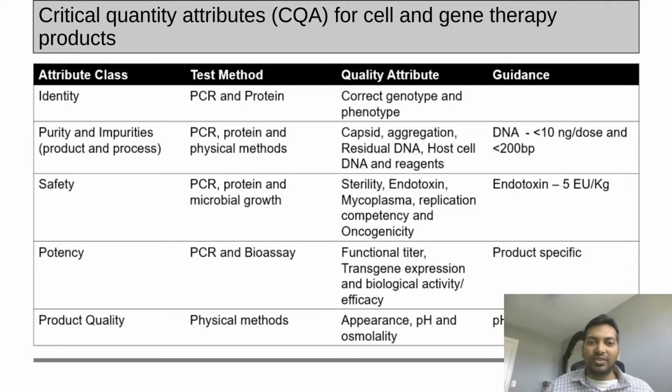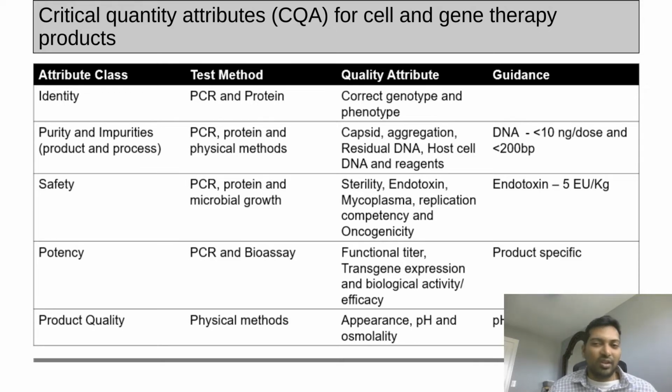If I consider identity, if I take a gene therapy product and I'm using a genomic method or a proteomic method, I should be able to give a specific quality attribute. If I'm using an adeno-associated virus, I should be able to give, using my methods, the transgene, which is very specific, and the phenotype, which may be the serotype of the specific virus.